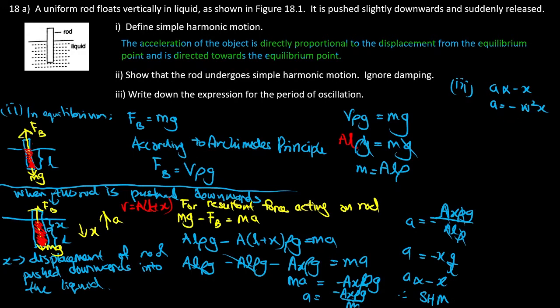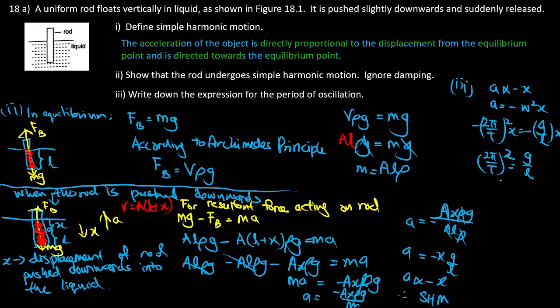So omega is 2 pi per T. So the equation will become negative (2 pi per T) square x, equivalent to negative g per L x. In other words, (2 pi over T) square is equal to g per L.